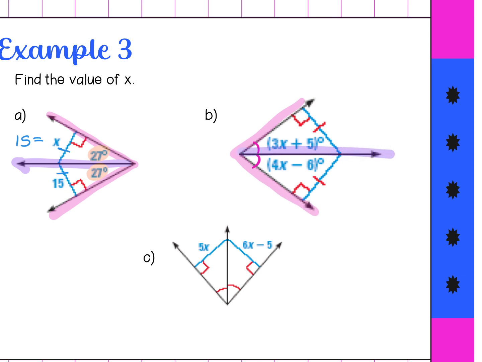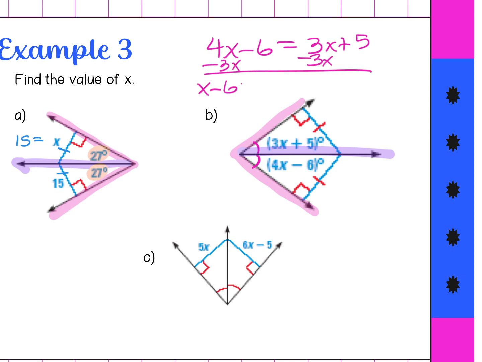So I'm going to be setting 4x minus 6 equal to the 3x plus 5. Subtract 3x. X minus 6 equals 5. Add the 6, and x equals 11.